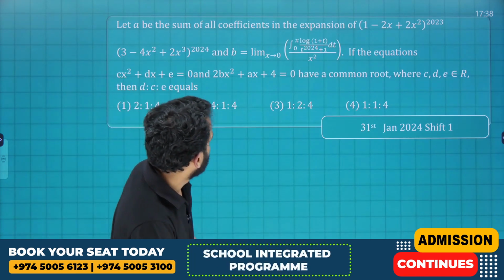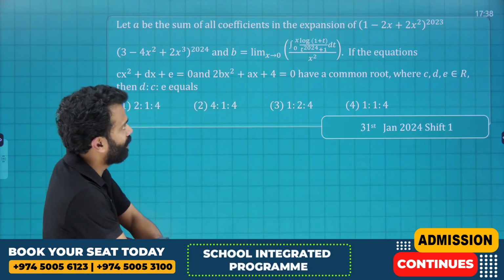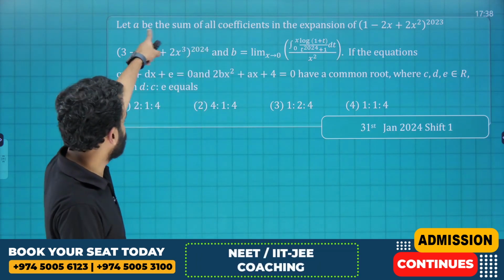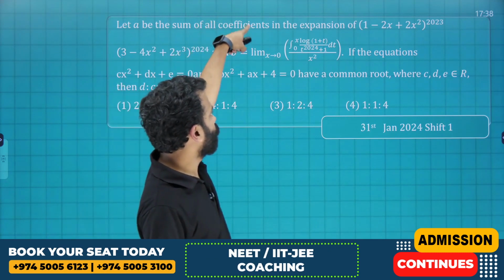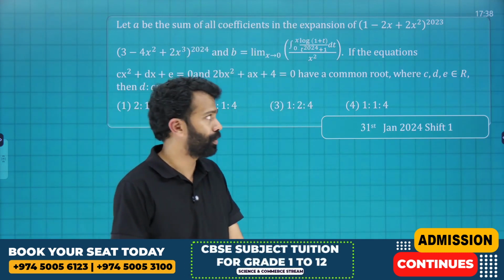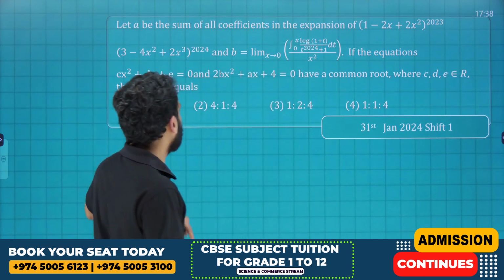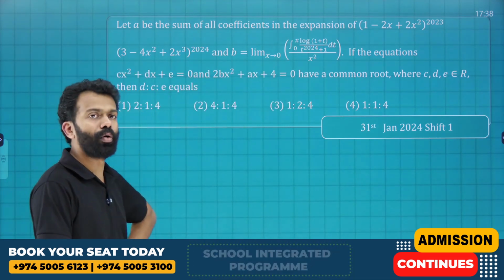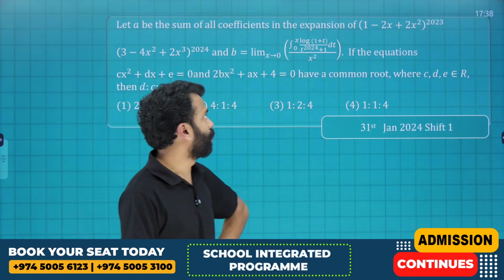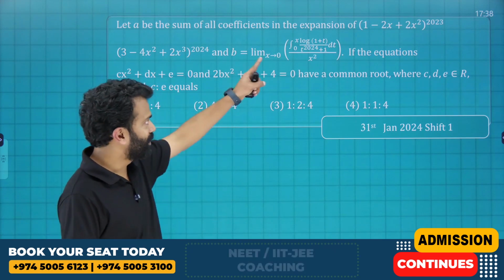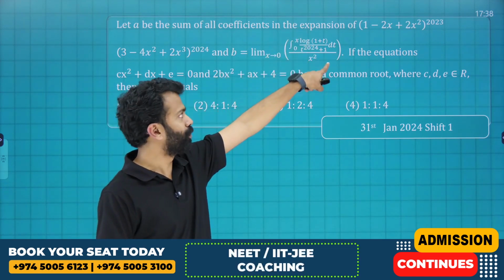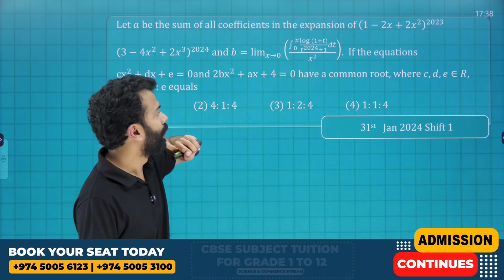See, about this question, I will recite the question for now. Let A be the sum of all coefficients in the expansion of 1 minus 2x plus 2x square the whole raised to 2023 into 3 minus 4x square plus 2x cube the whole raised to 2024, and B is equal to limit x tends to 0, integral 0 to x log 1 plus t divided by t raised to 2024 plus 1 dt divided by x square.